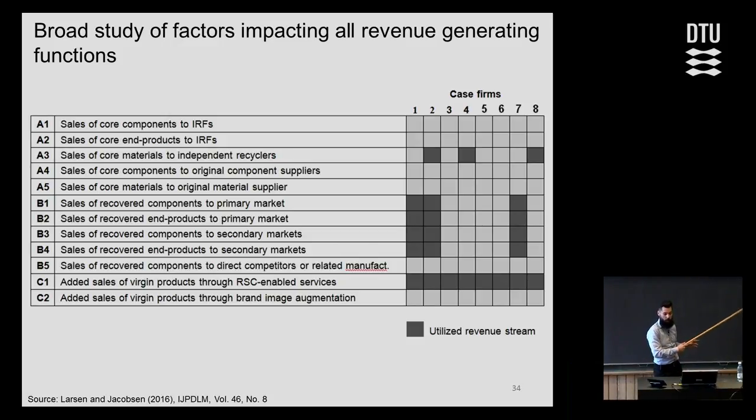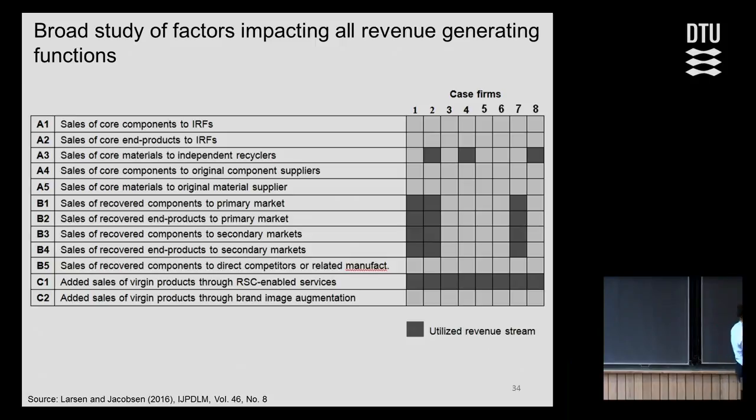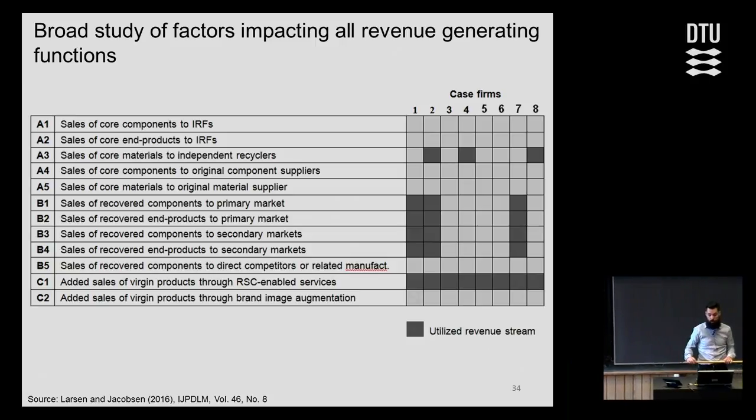So it appears that A1 to A5 are almost not used. B1 to B4 have a pattern of either everything is used or nothing is used. And for the final 3, nothing is used except for C1, which all these case firms use.